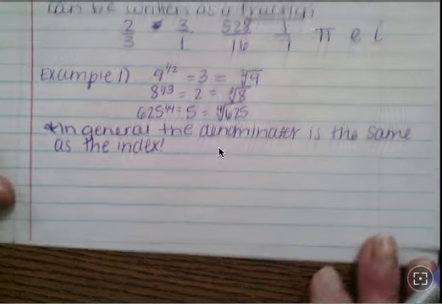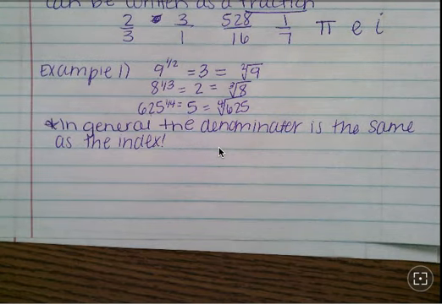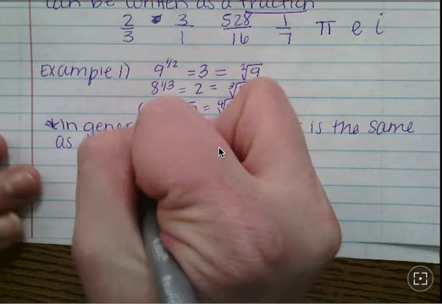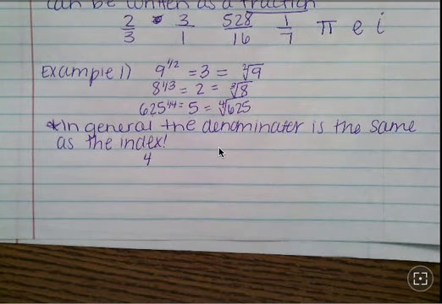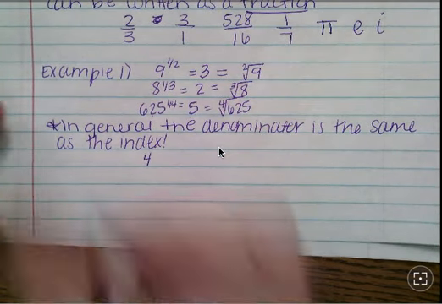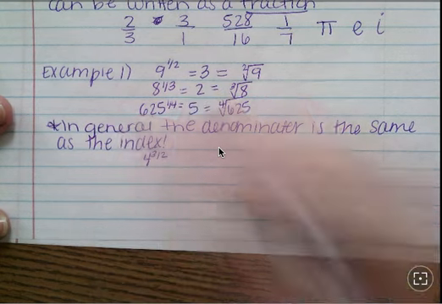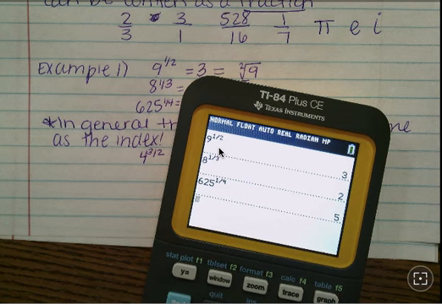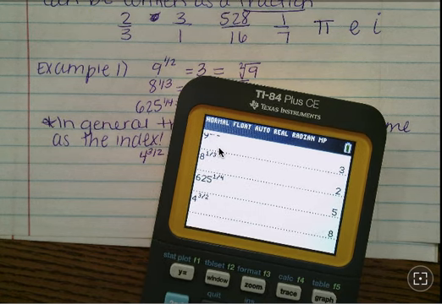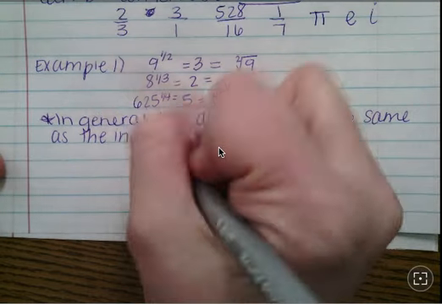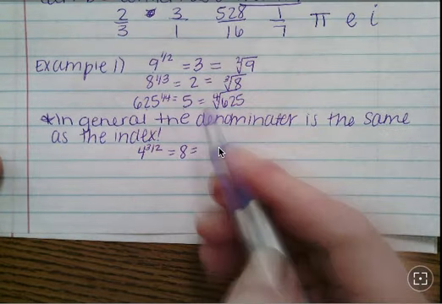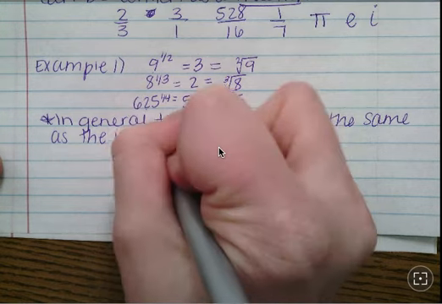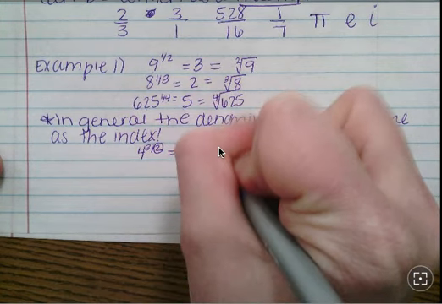Well, okay, let's use what we know here to keep going with this idea. So what if I gave you now something that had a different numerator other than 1? So if I gave you 4 to the 3 halves. Okay, so let's put the puzzle together. First of all, let's see what it is. 4 to the 3 halves is equal to 8. Okay, so we know that that's the answer. We also know from this up here that the denominator has to be the index.